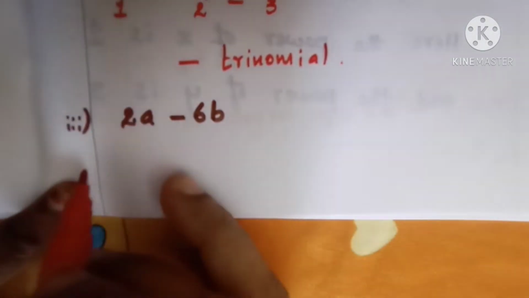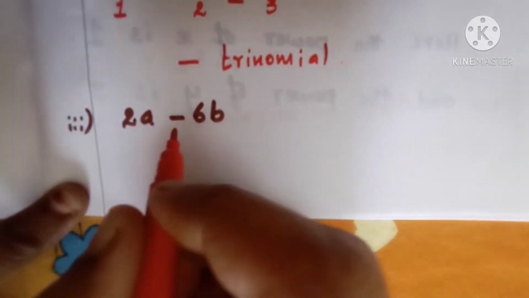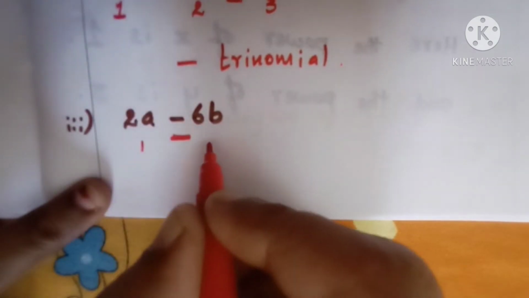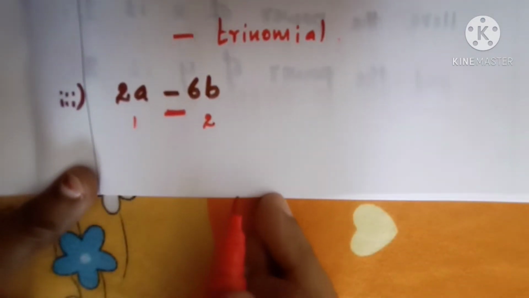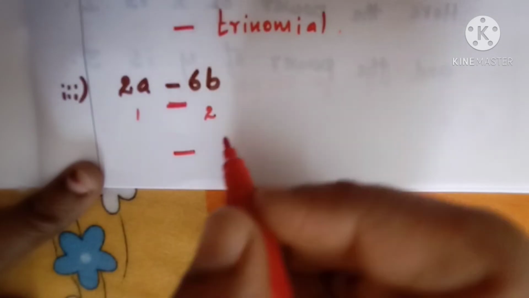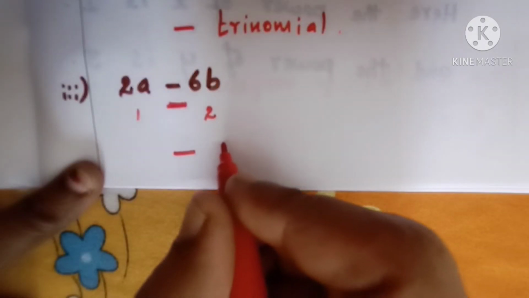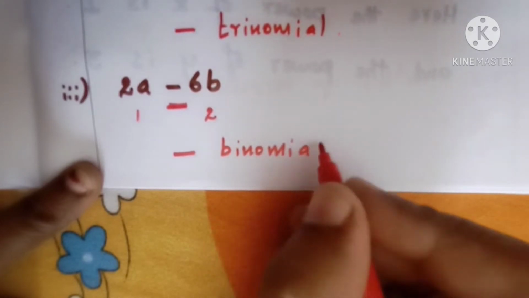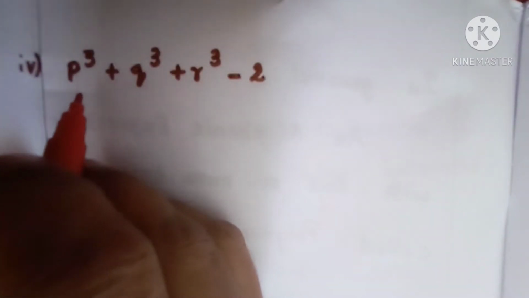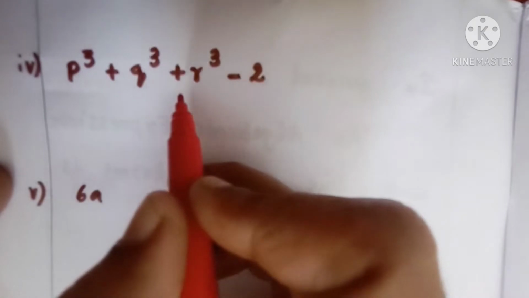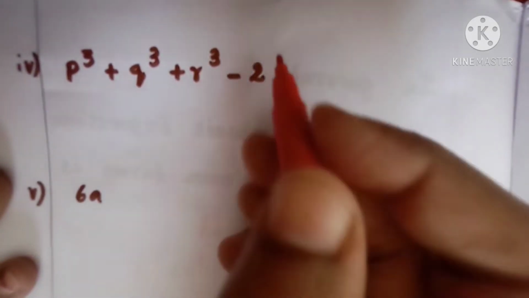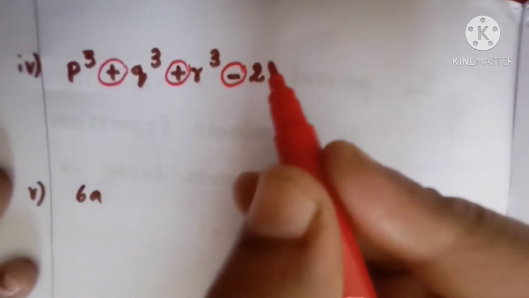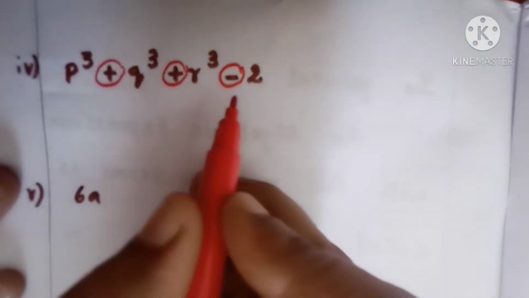And third sum 2a minus 6b. So only one minus sign and it's separated by 2 terms. So it has 2 terms. So it is called as binomial. Fourth sum p cube plus q cube plus r cube minus 2. It has plus, plus and minus, totally 3 signs, and they are separated the terms.